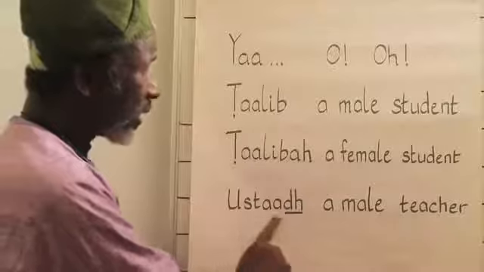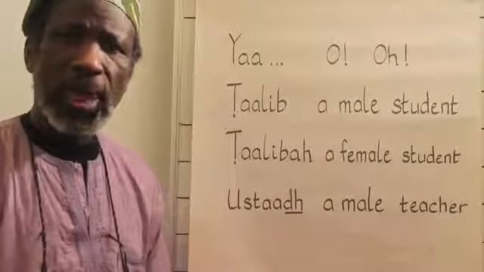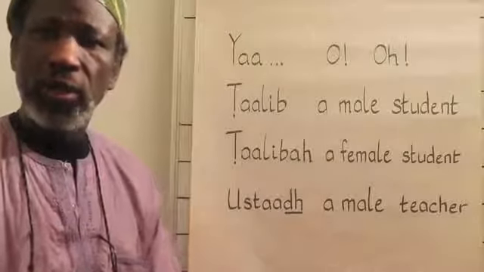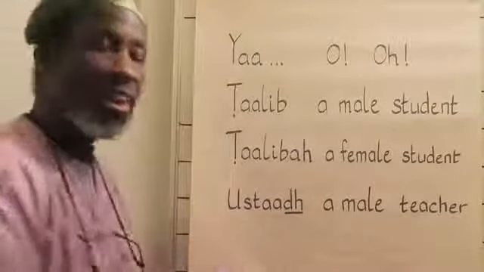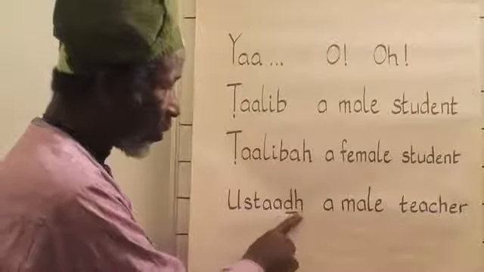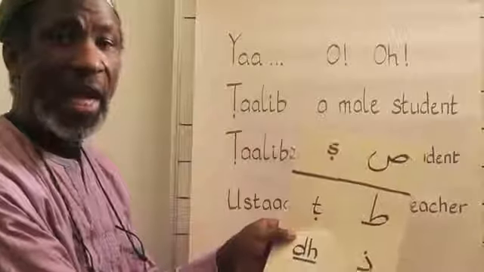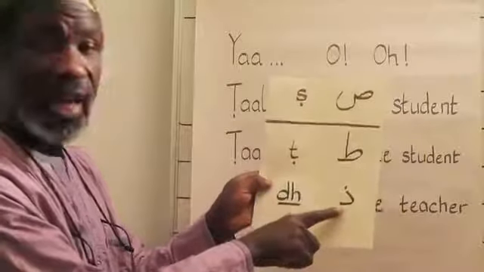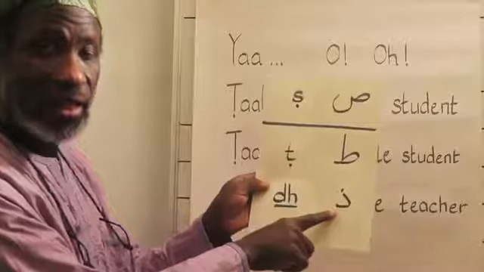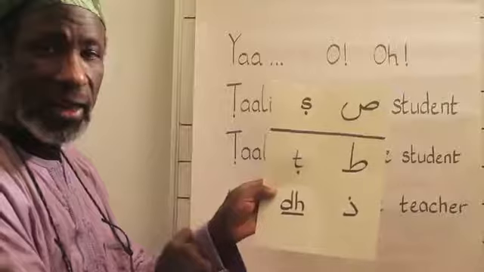This line, Ustadh. Ustadh means a teacher. Sometimes it's used for a professor. Ustadh, a teacher. DH with a line underneath represents the letter Dhal. So the letter Dhal is represented by using the D and H, underlined.